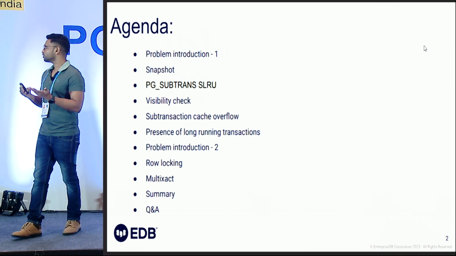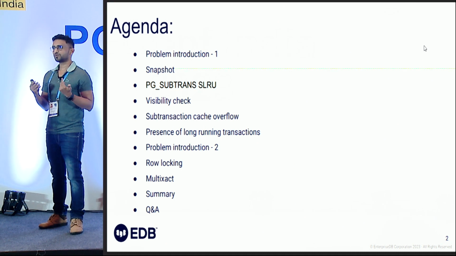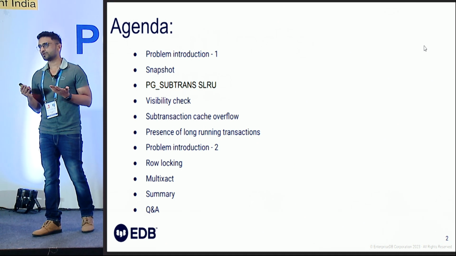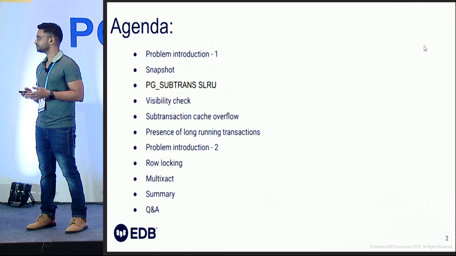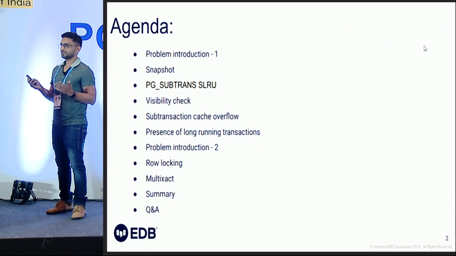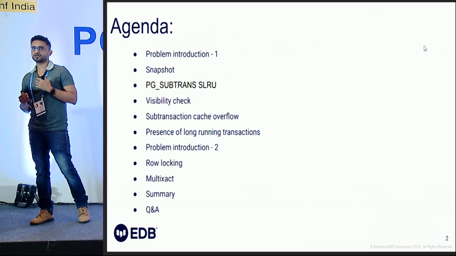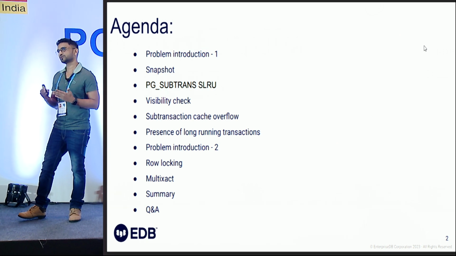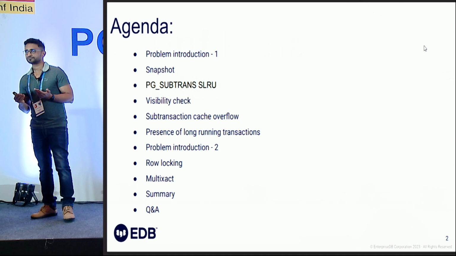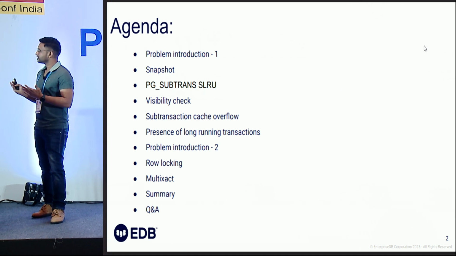Then we will go into the real problem, subtransaction cache overflow, and then we'll see how, in the presence of a long-running transaction, that problem becomes even worse. That is all about the first problem.